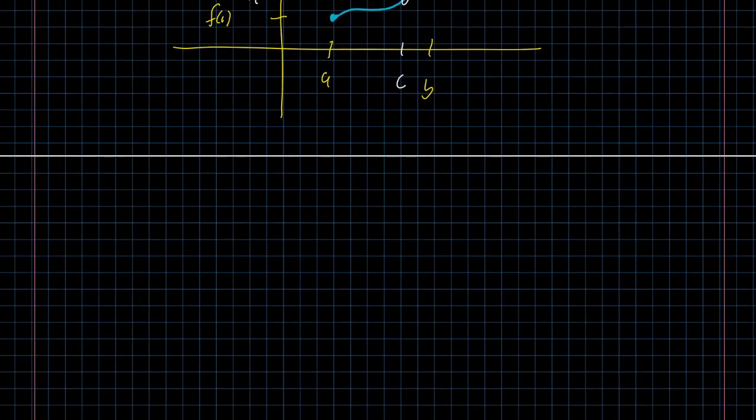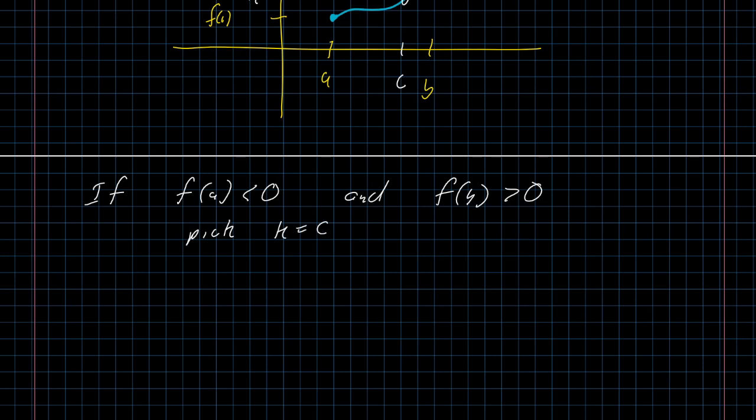Another great thing we can do with the intermediate value theorem, if f of a is less than 0 and f of b is greater than 0, pick k equal to 0. Again, this is something that you have used frequently in your life. This is something that computers rely on.